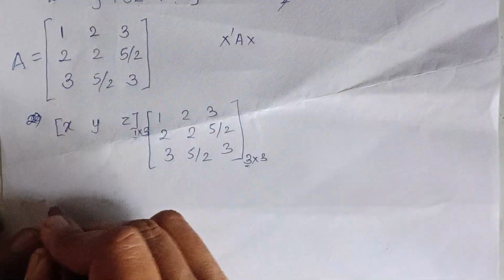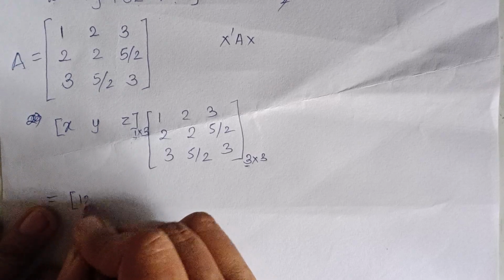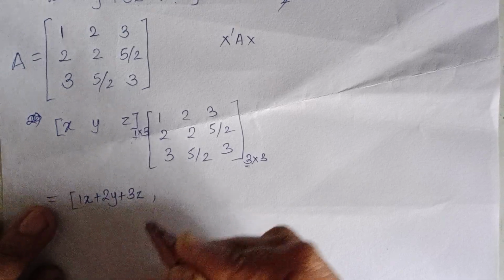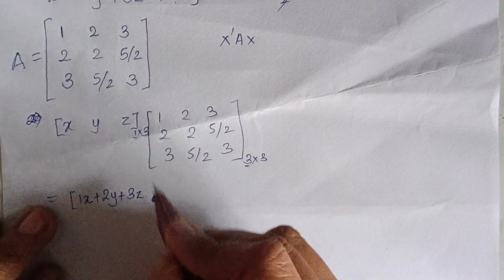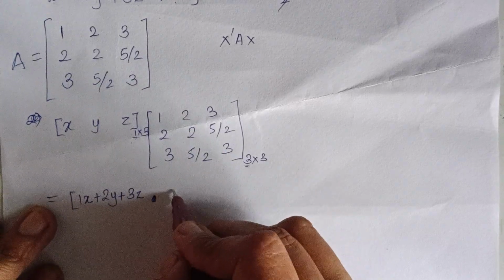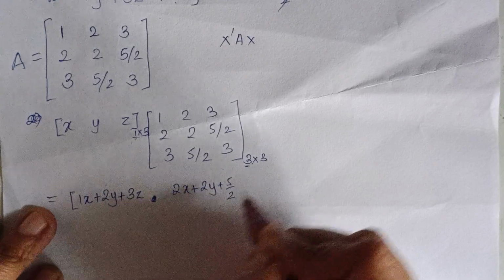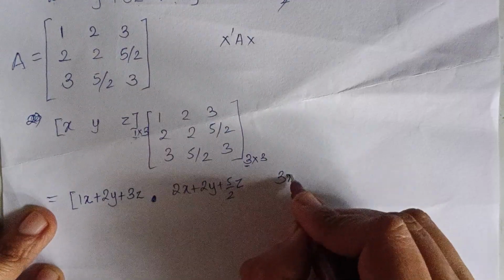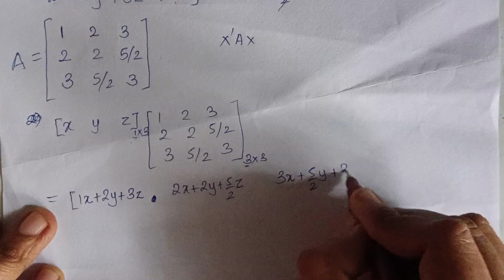So this will be our 1x plus 2y plus 3z, row into column you have to do. Then row into column again, 2x plus 2y plus 5 by 2 z, then 3x plus 5 by 2 y plus 3z.